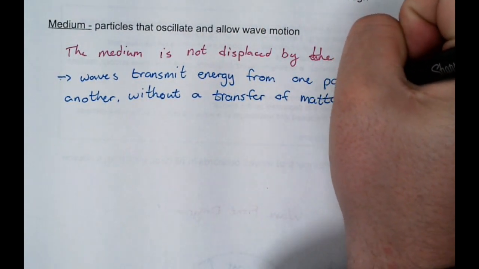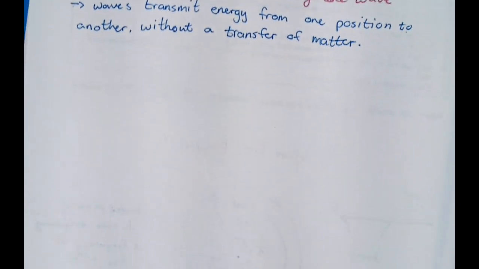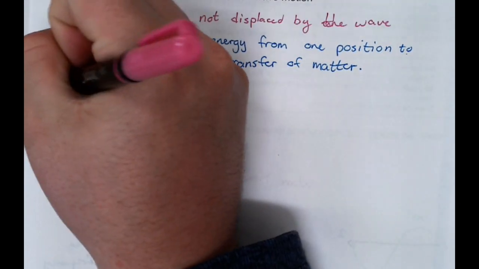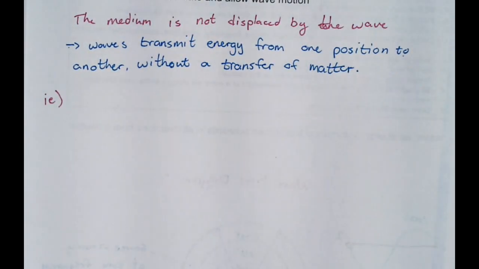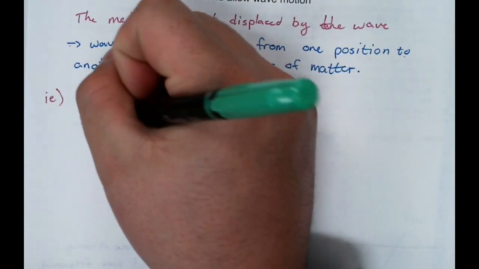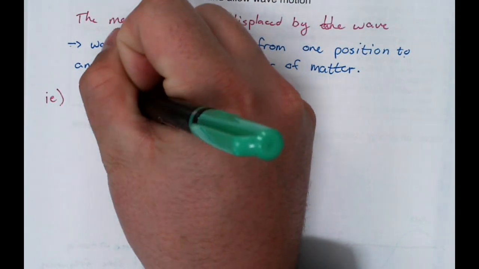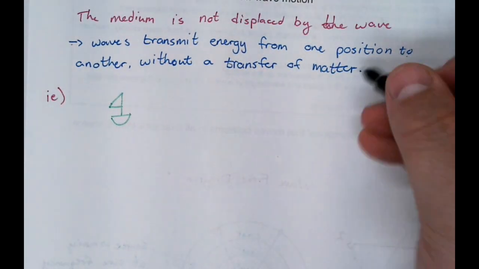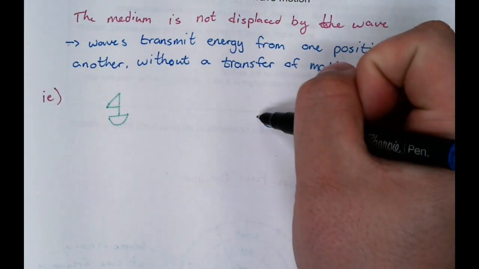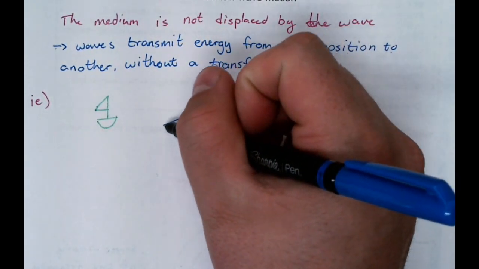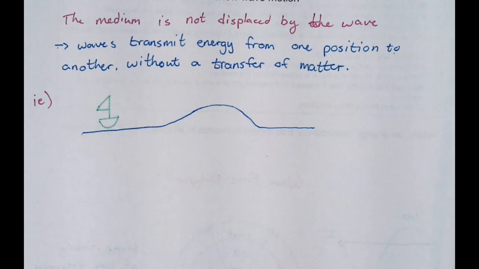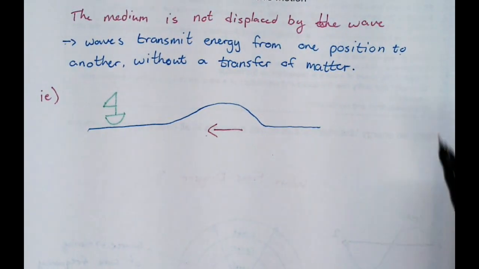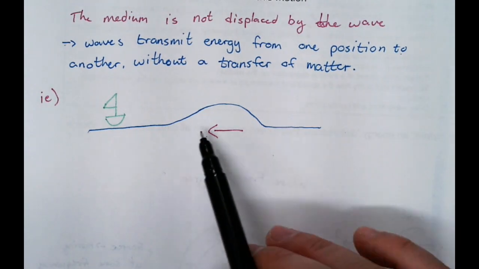To better explain what that means, let's look at a picture here. Let's draw an example. In this example, we're going to be out in the ocean. I'm going to have my little sailboat sitting out here on the water, and there is a wave coming towards it. As that wave comes towards it, the medium that the wave is moving through is the water.